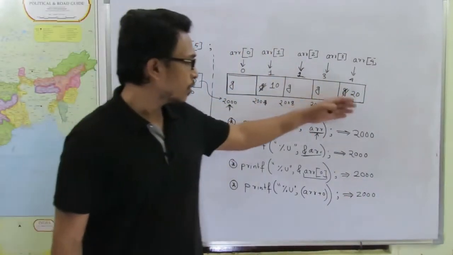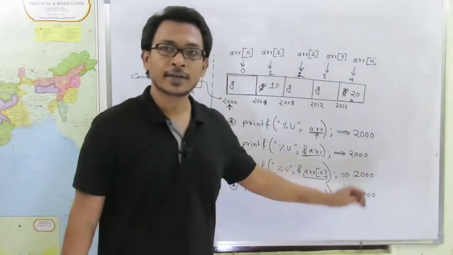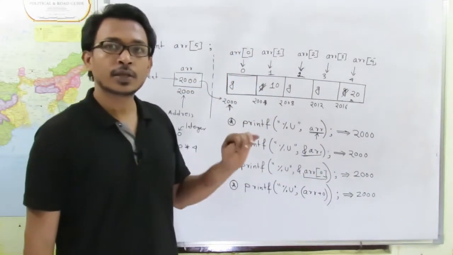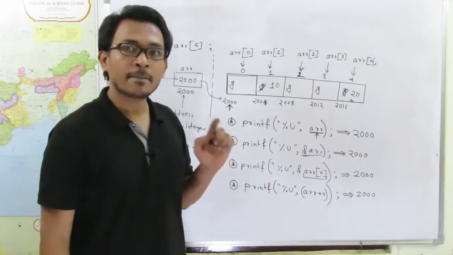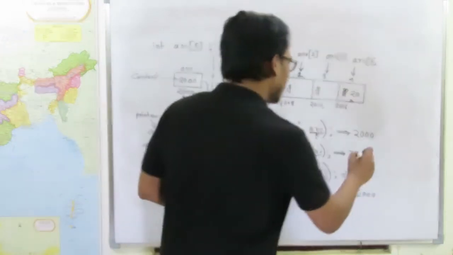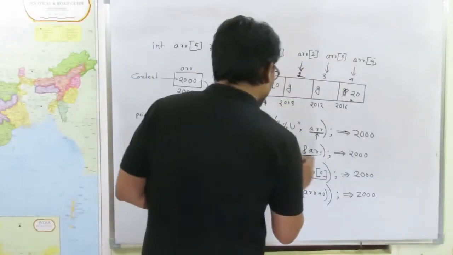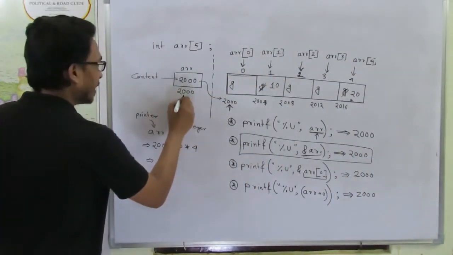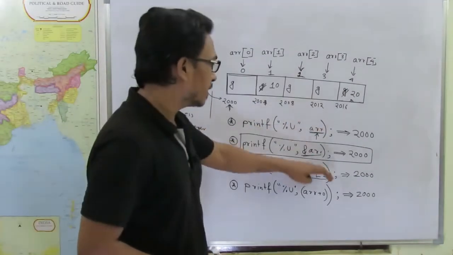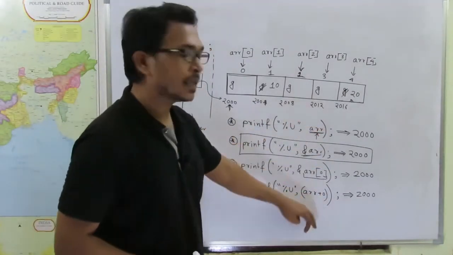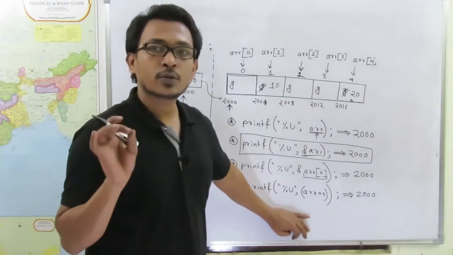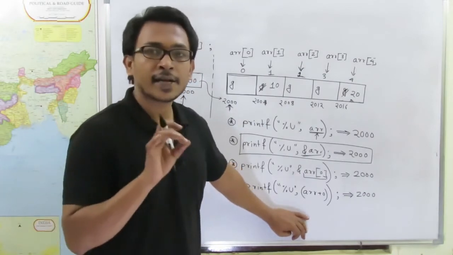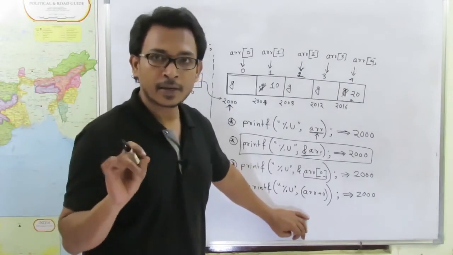Look, in these three scenarios we get the same result, 2000, but this one is different, as this one represents this particular address, whereas in the remaining three cases we get the result 2000 representing the same element. Clear?